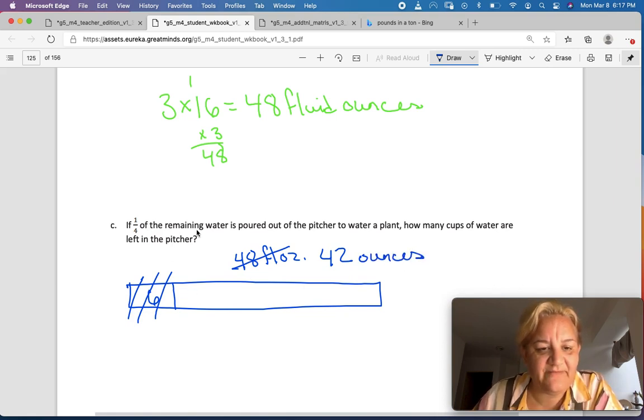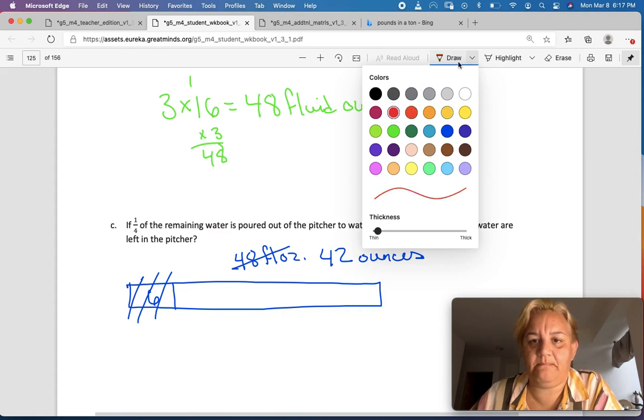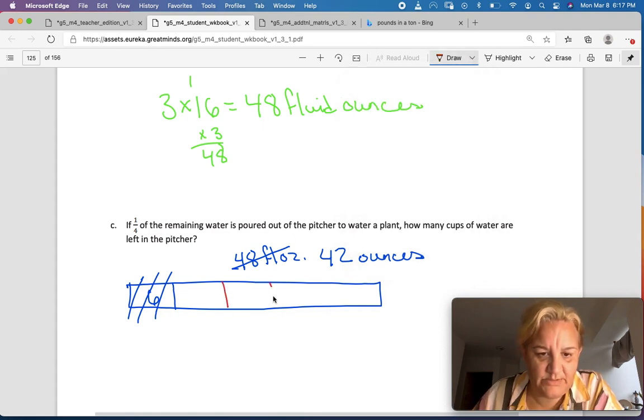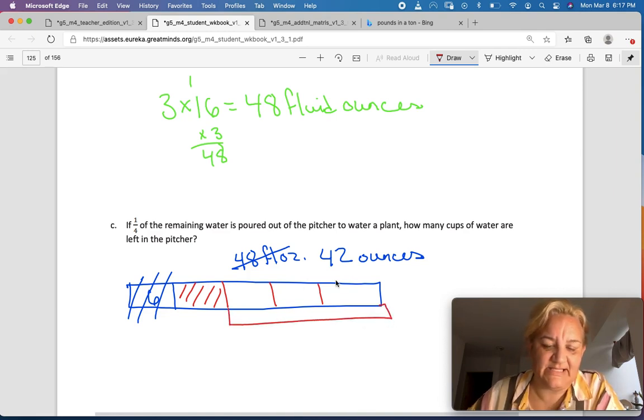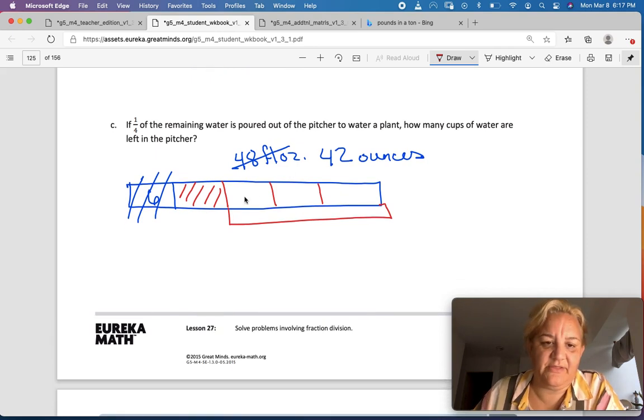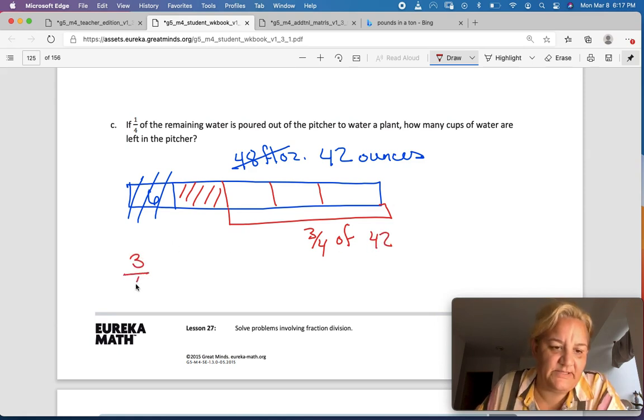And if 1/4 of the remaining water is poured out of the pitcher to feed a plant, that would be 1, 2, 3, 4. That would be this section right here. How many cups of water are left in the pitcher? So first of all, we have to figure out how many ounces that is. So this would be 3/4 of 42 ounces. Okay, so 3/4 times 42.